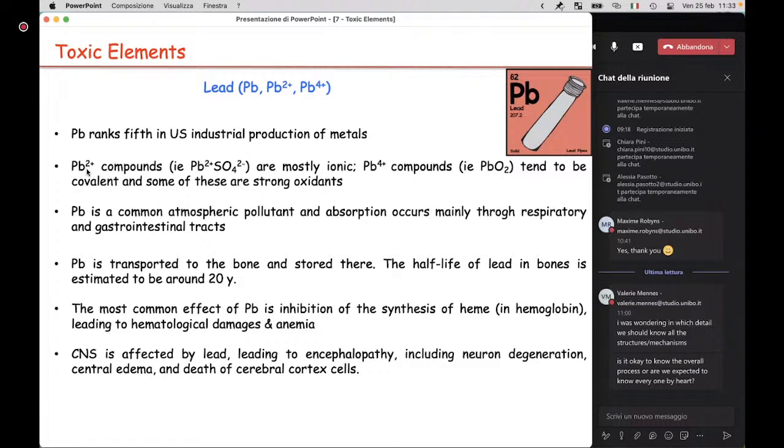Lead compounds are mostly ionic, differently from mercury, where we have a lot of covalent compounds.